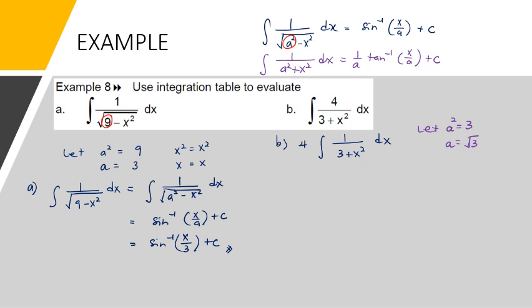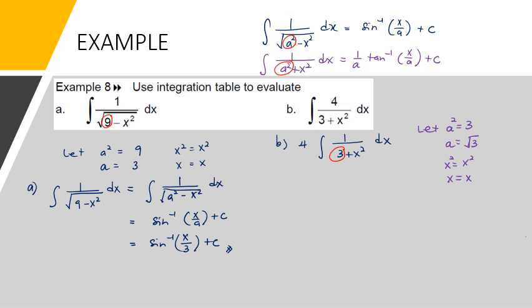Next, what is our x? x squared equals x squared, so x is equal to x.